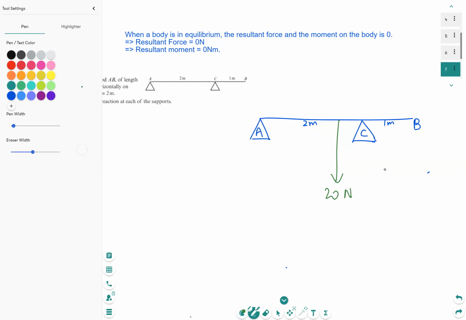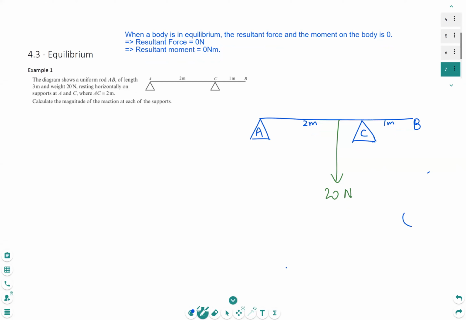Now think about this: a person, you, me, standing on the ground. I know probably people will be quite embarrassed to say their weight. I'm going to tell you mine. Mine's 65 kilograms. So when I'm 65 kilograms, I'm exerting 65 times gravity, 65g Newtons, on the ground.